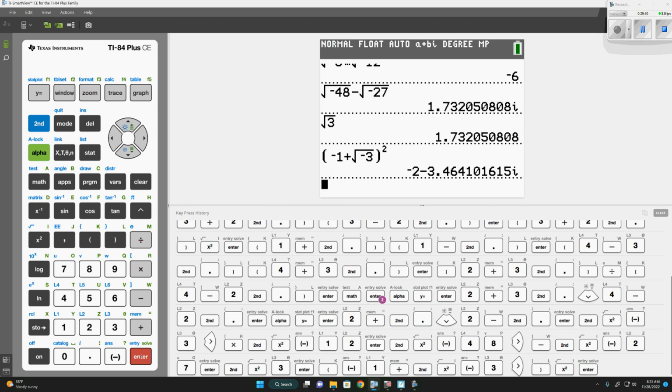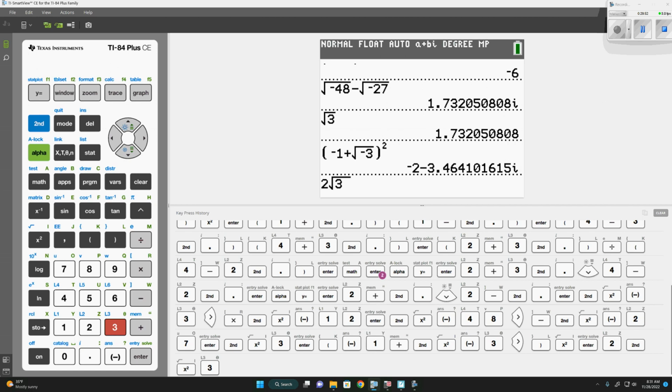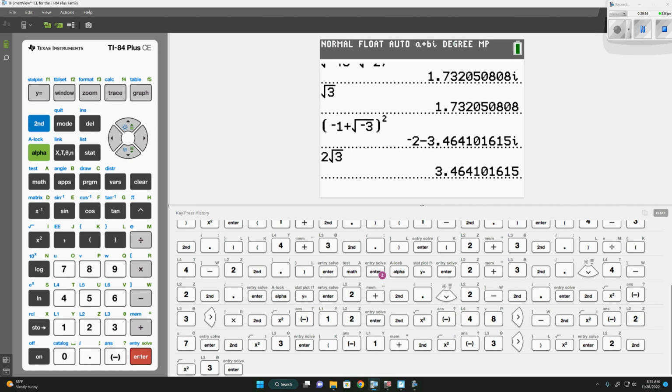We're going to have a real part and we're going to have an imaginary part. And whatever the imaginary part is going to have that number there. I almost wonder if it's 2 square root of 3.